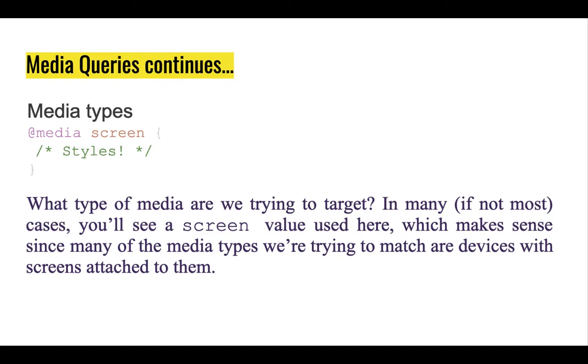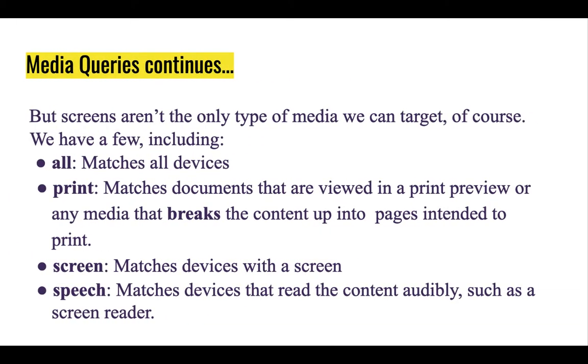What type of media are we trying to target? In many, if not most cases, you will see a screen value used here, which makes sense since many of the media types we are trying to match are devices with screens attached to them. But screens aren't the only type of media we can target. Of course, we have a few, and they include all. All matches all devices.